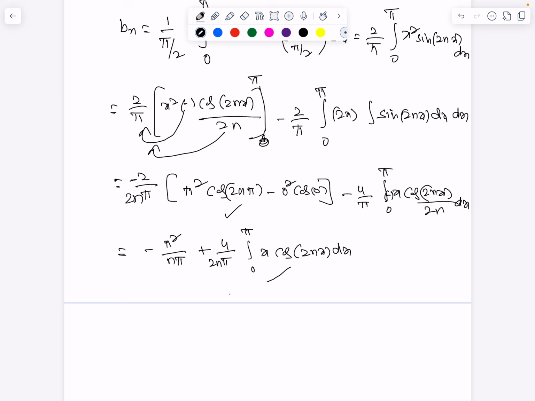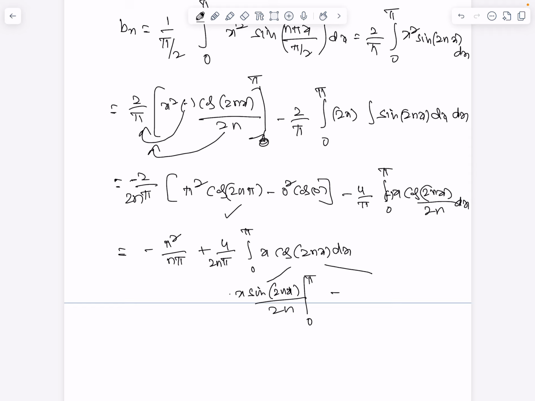The first step becomes the integration x sin 2nx divided by 2n, with upper limit pi and lower limit 0. In all those cases, you will be getting sin 2n pi or sin 0, all are 0.